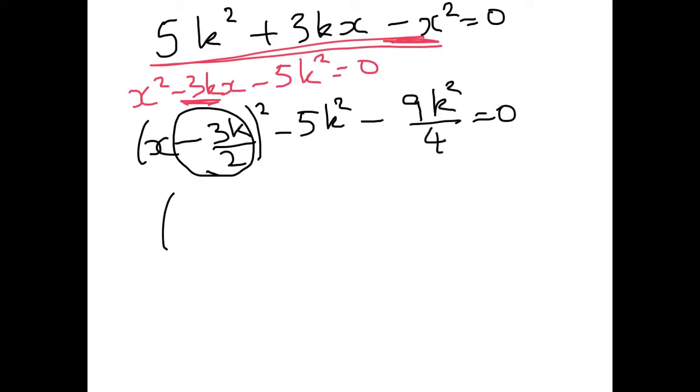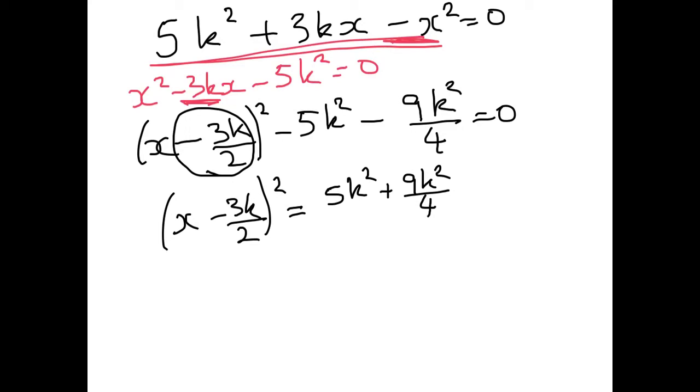Now we've got x minus 3k divided by 2 squared is equal to 5k squared plus 9k squared on 4, which is equal to 29k squared on 4.